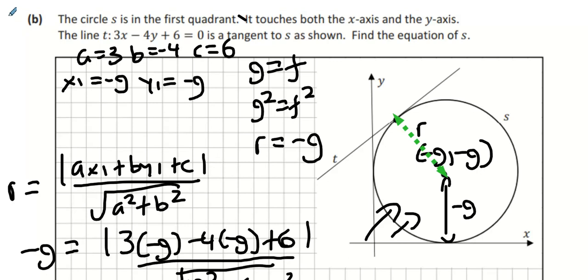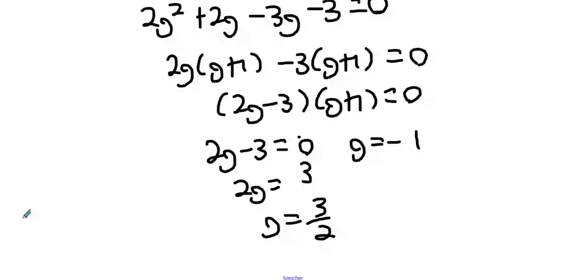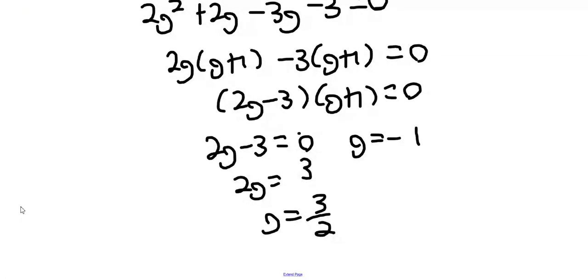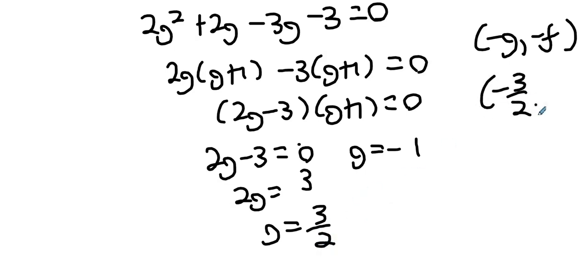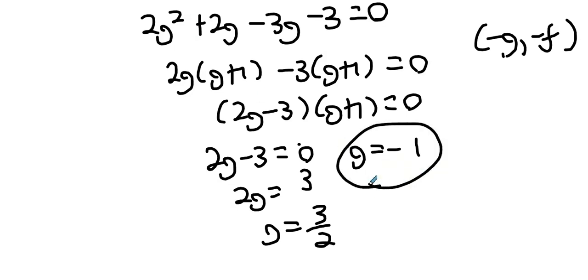Find the equation of S. So it has to be the one where minus g, minus f is in the first quadrant. So if I use 3 over 2, I'd have minus 3 over 2. And minus 3 over 2 is not in the first quadrant. So therefore I can rule that answer out. So the only answer I'm concerned about is g equals minus 1.